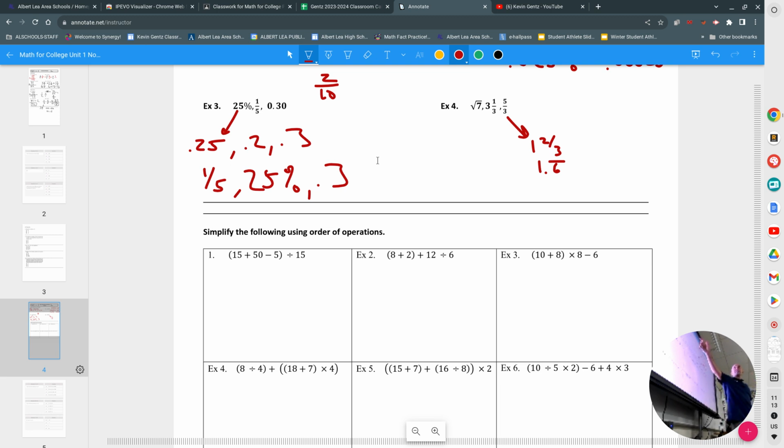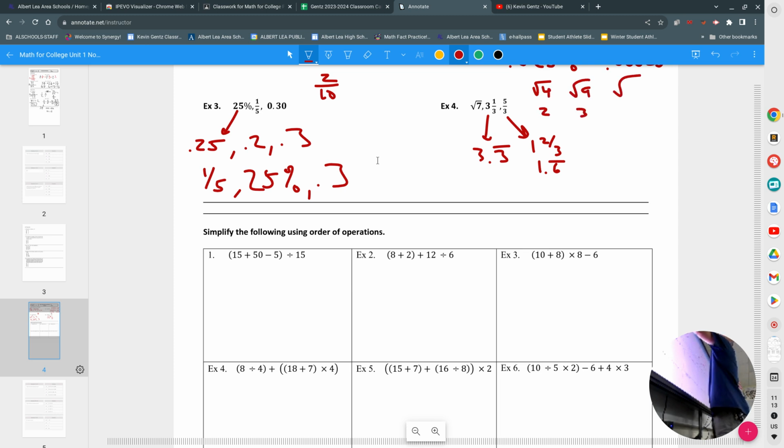All right, I see 5/3 and I think about it as 1 2/3, which is about 1.6 repeating. As I see 3 1/3, I think of 3.3 repeating. So obviously 3 1/3 is bigger than 5/3. But what about the square root of 7? Well, I know certain square roots. I know the square root of 4 is 2. I know the square root of 9 is 3.